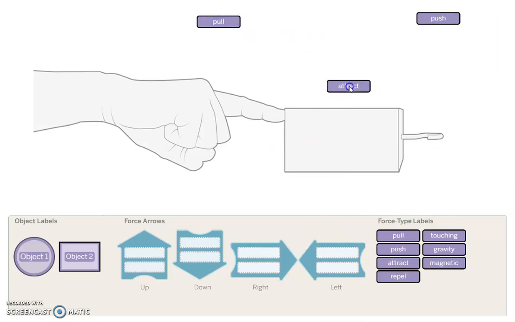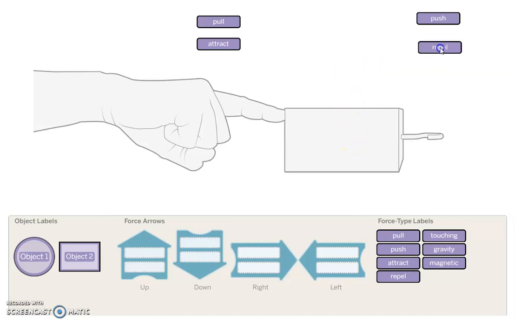What about attract? What happens when you attract something? When you attract something, something is moving towards you, it's coming into you, it's being pulled into you. So attract is something coming into you. What does repel mean?